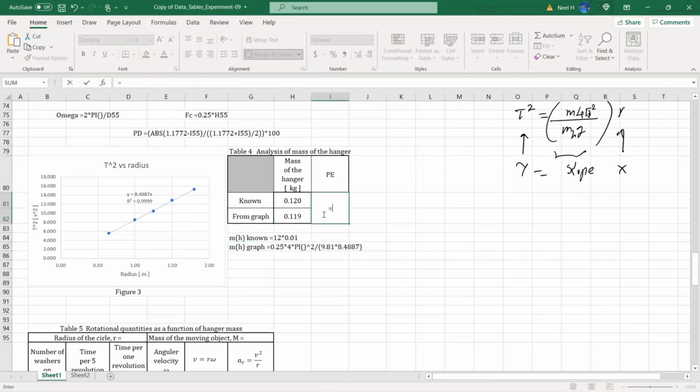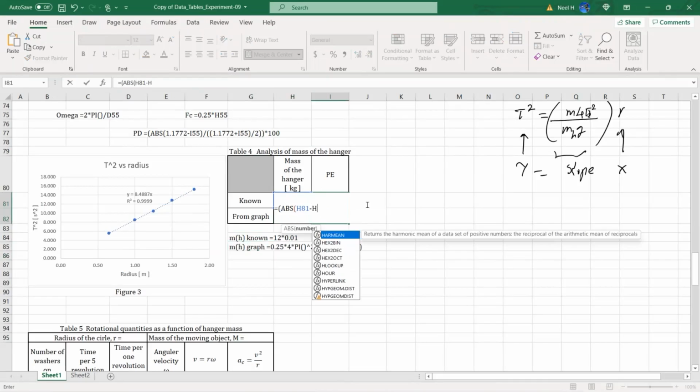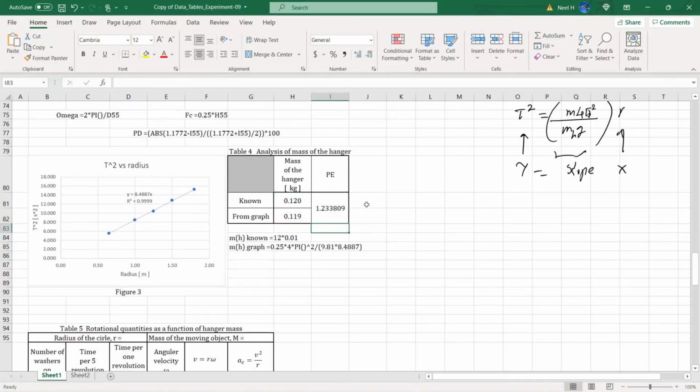Any questions, guys? Then it should be a very small percentage. Okay, we do it in PE because we know exactly the total mass on the hanger. Okay, any questions, problems?